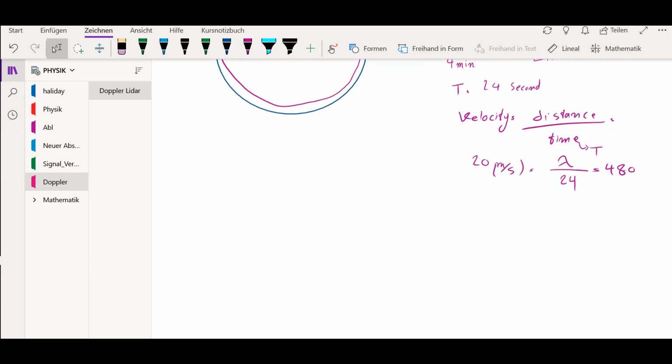Since frequency is the inverse of time, instead of dividing the distance by the period, I could also say 20 meters per second is lambda multiplied by frequency, and frequency was 1/24.